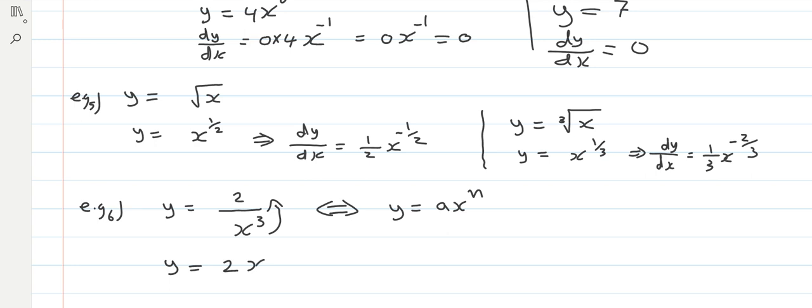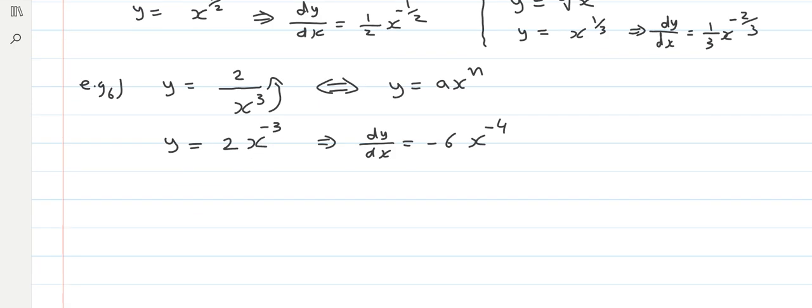So according to indices rule, it's going to be the same. The only thing that will change, the power from positive 3 will convert to negative 3. Now it's ready to differentiate. Okay, minus 3 times 2, minus 6. Minus 3 minus 1, minus 4. Okay.